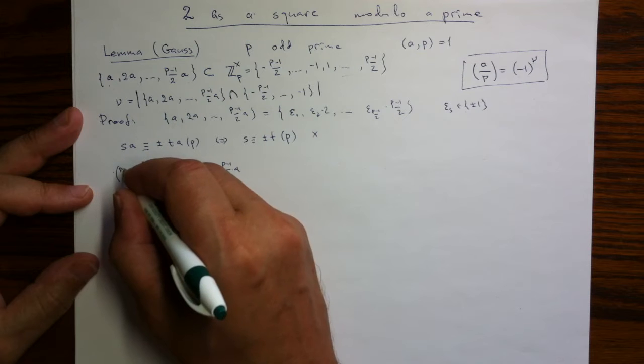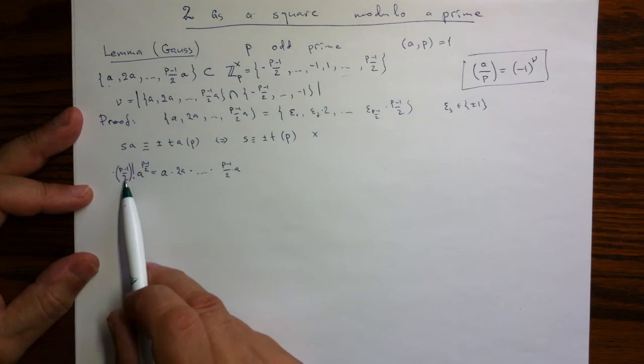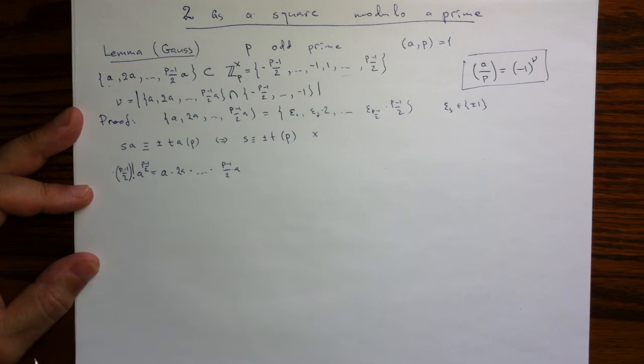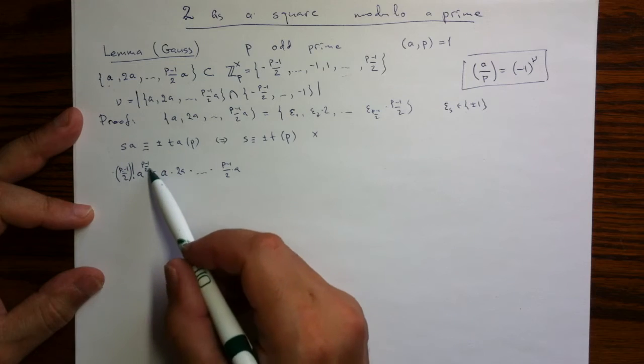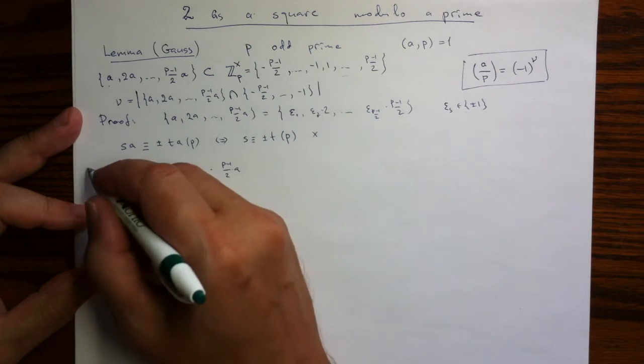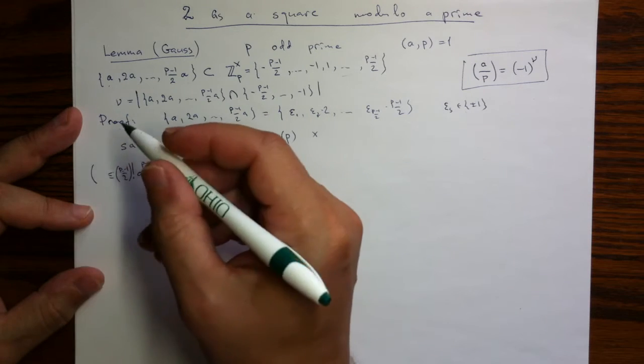So that is ((p-1)/2) factorial, not to be confused with the Legendre symbol. It's just the ordinary fraction, but it is actually an integer, a natural number, and a factorial of that. So that, by the earlier theorem, is congruent to the Legendre symbol modulo p.